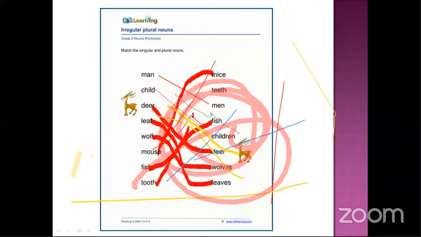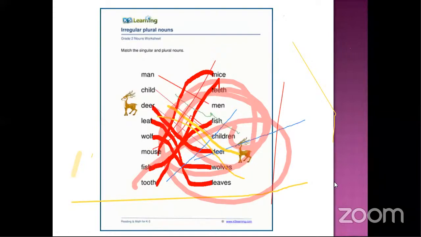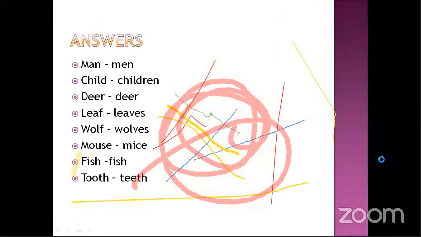Tooth, the second word, teeth. So these are the answers: man, men, child, children, deer, deer, leaf, leaves, wolf, wolves, mouse, mice, fish, fish, tooth, teeth.